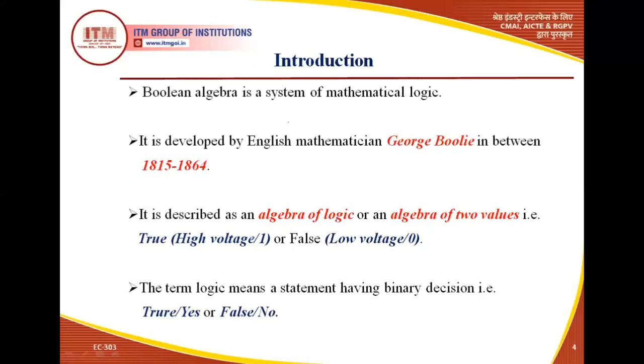Okay, so it is also known as the algebra of logic. And what is the meaning of logic? So a logic is a statement having a binary decision. That means which will produce the output in terms of 0 and 1. That means a condition is true or false.